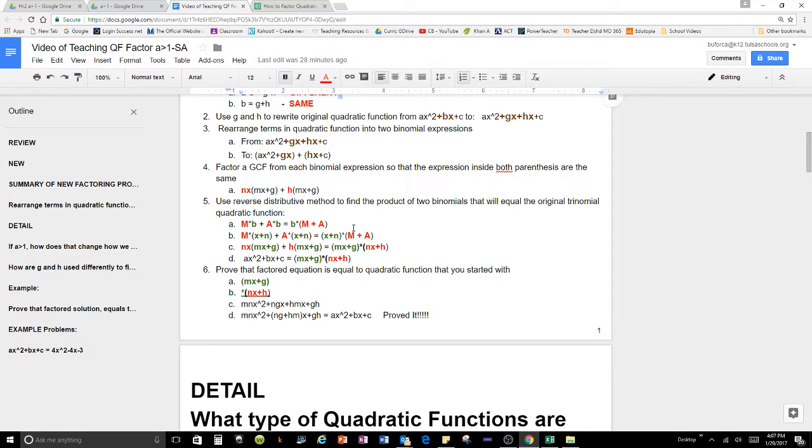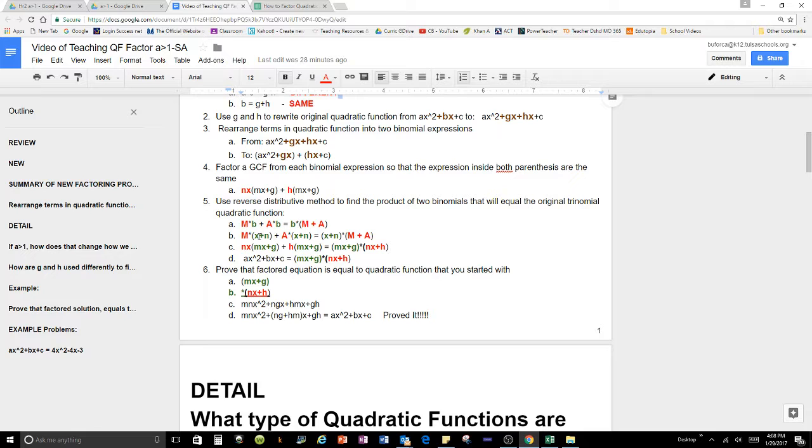Okay, so if b were a binomial expression, so right here b is just a variable. But if b were an expression like x plus n, so if x plus n was multiplied by m, and if x plus n was multiplied by a, what we could do is pull x plus n out and have x plus n multiplied times m plus a.